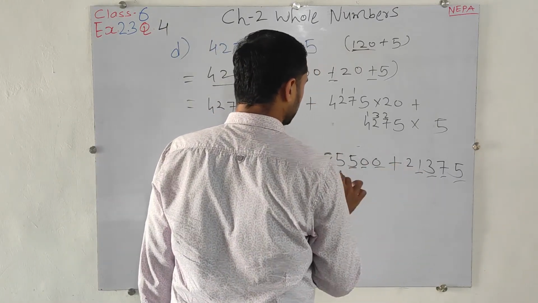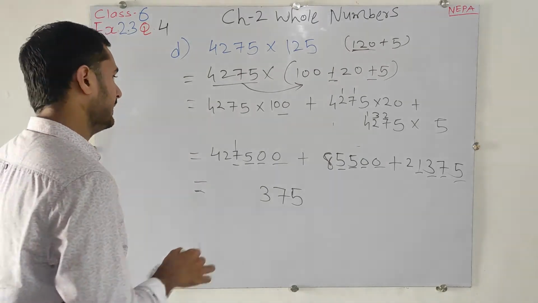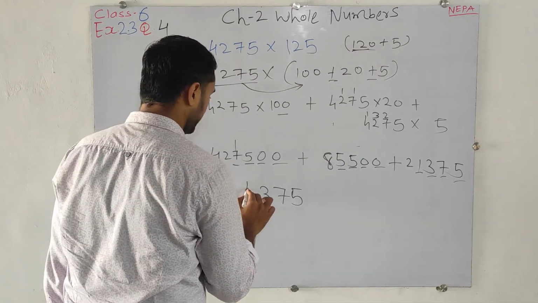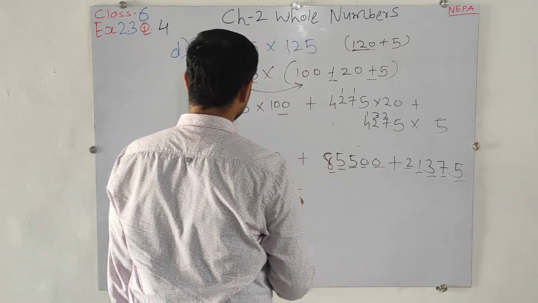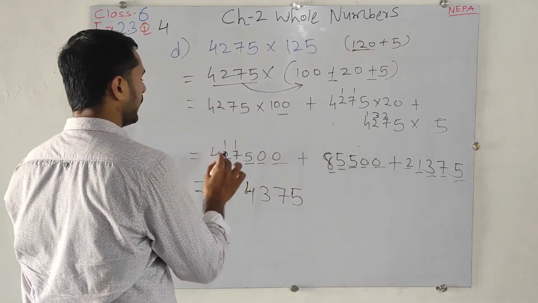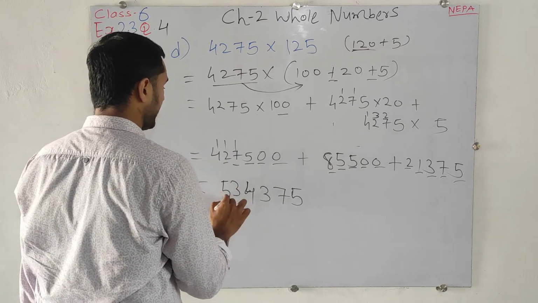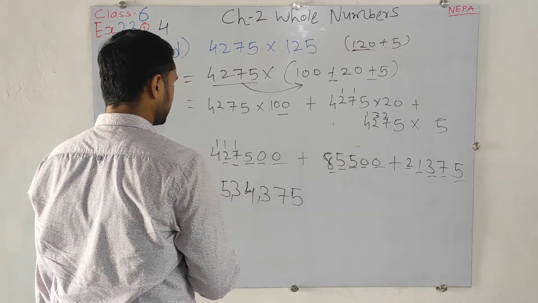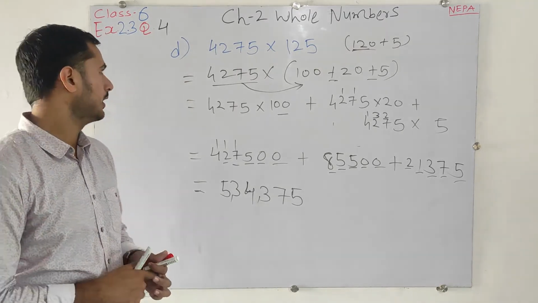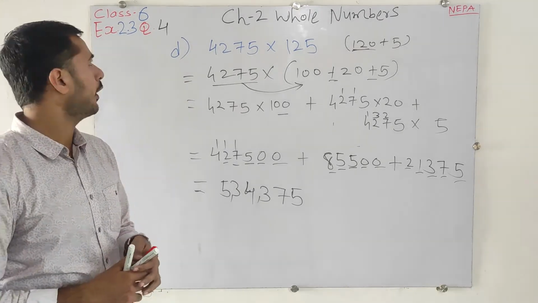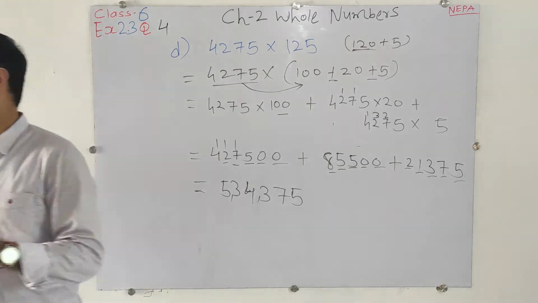Now 1 and 5, 6, 6 and 7, that is 13 and 1, that is 14, 4, 1 carry. 2, 8, 10, 10 and 2, 12, 12 and 1, 13, 1 carry, 4 and 1, 5. So here our answer is 534,375. Okay, so this was the sub question D of question number 4. Just pause the video and note it down.